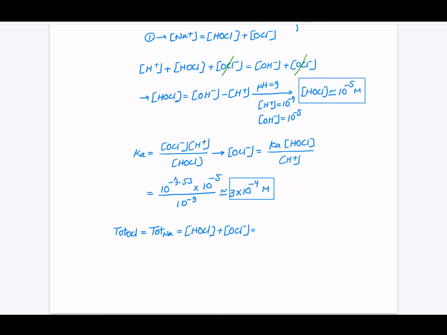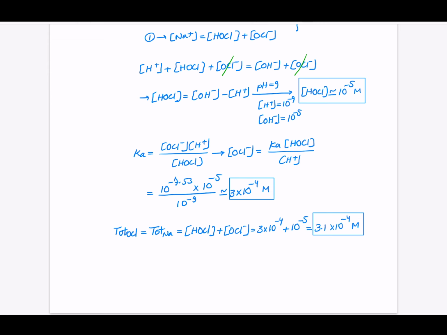So it would be 3 × 10 to the minus 4 plus 10 to the minus 5, which would be 3.1 × 10 to the minus 4. So basically if we add 3.1 × 10 to the minus 4 of NaOCl, then the pH would increase from pure water at 7 to a pH of 9.